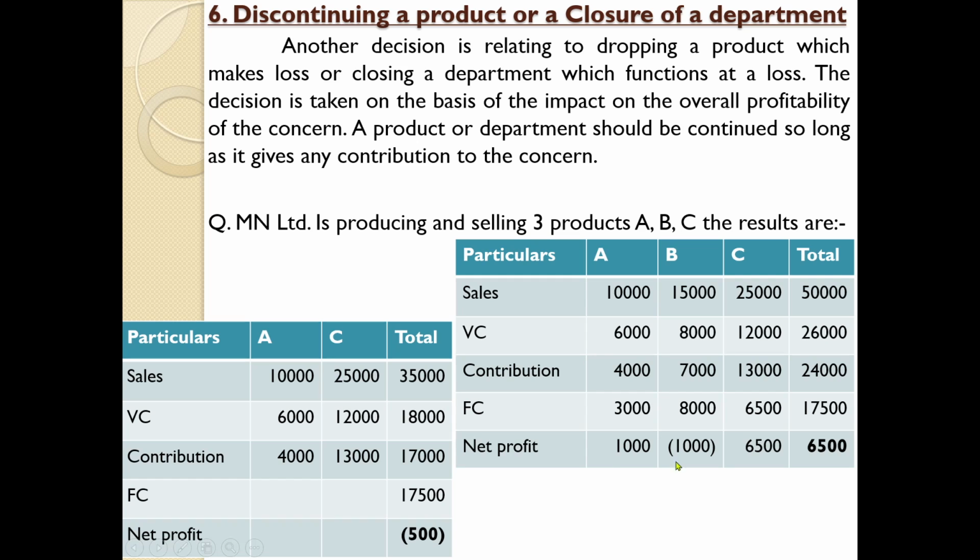This is because B was earning a considerable amount of contribution, and that contribution was able to cover the fixed cost. Even though B was running at a loss, because of the B product the organization's overall profit was 6,500. So this is an important factor that has to be considered while taking a decision regarding discontinuing a product or closure of a product.